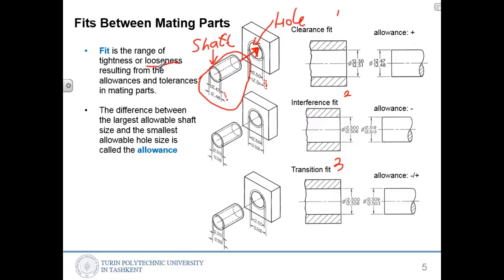So the fit will differ, resulting from the allowance and tolerances in mating parts. The difference between the largest allowable shaft size and the smallest allowable hole size is called the allowance.